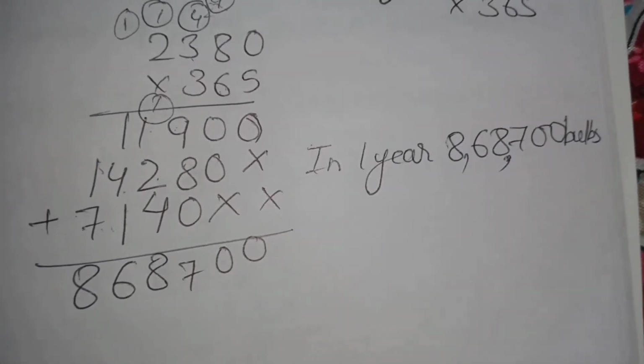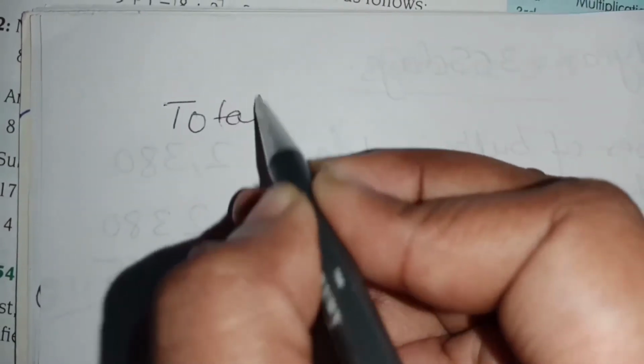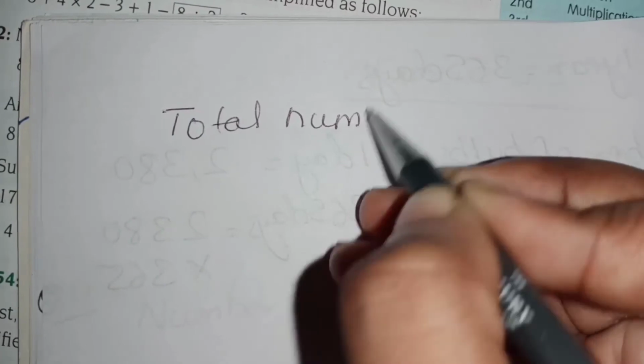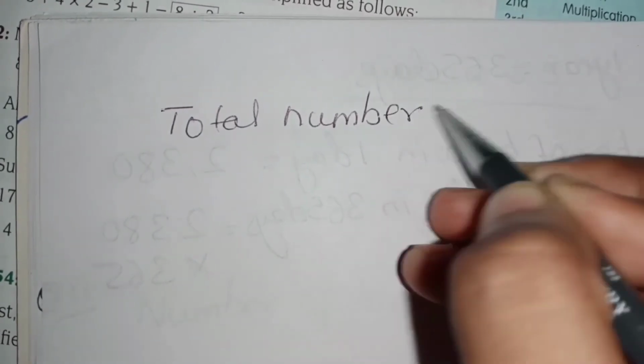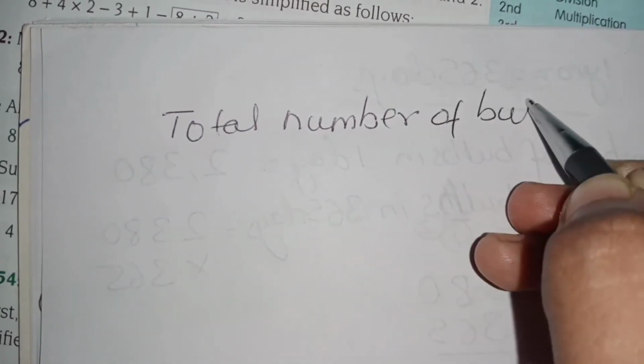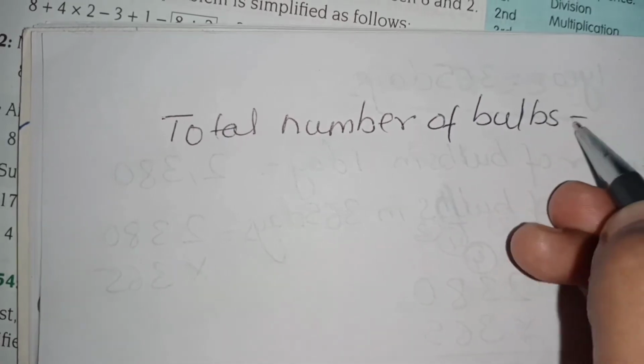Now we have to find the number of cartons. So now the second part: 50 bulbs can be packed in one carton. How many cartons can be packed with bulbs in a year? First we will write here the total number of bulbs. So what is the total number of bulbs?